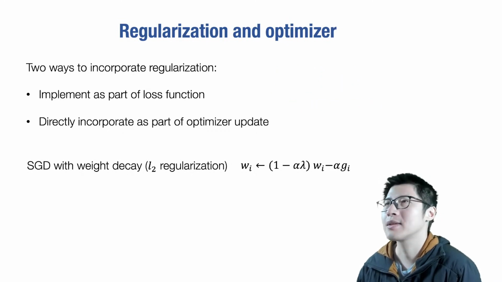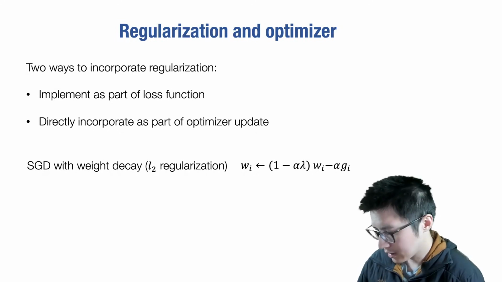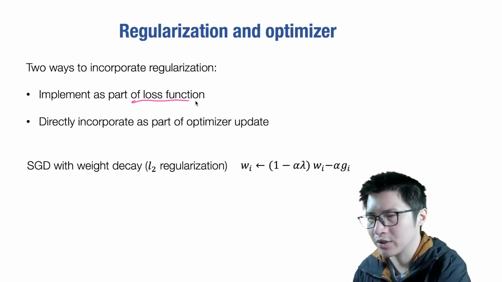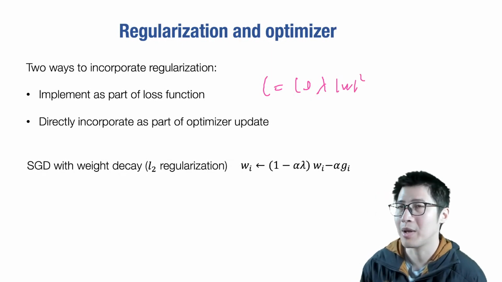There are two ways that we can incorporate this regularization term into a framework. The first way is we can implement it as part of the loss function. So you just say loss equals loss plus lambda times the L2 norm of the weight. That is certainly possible.